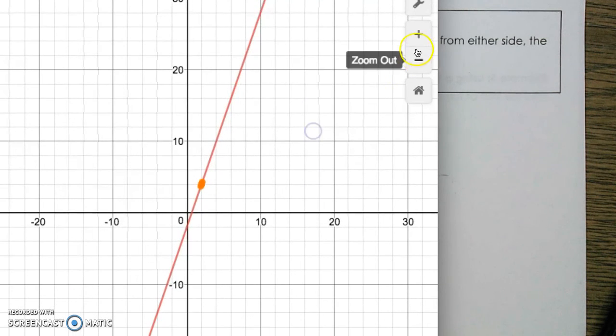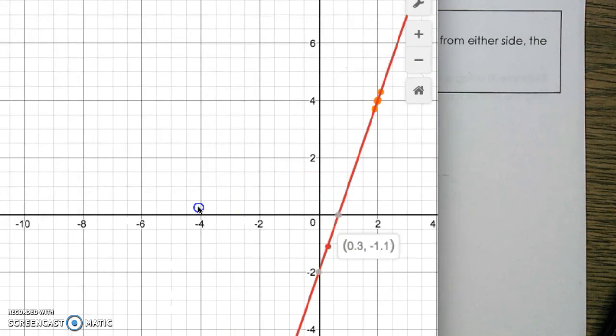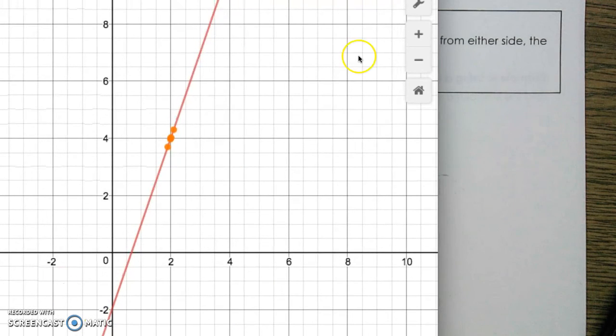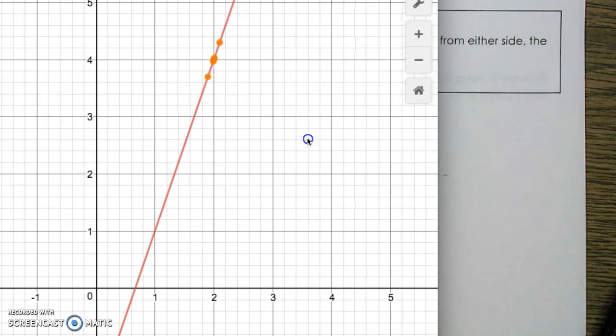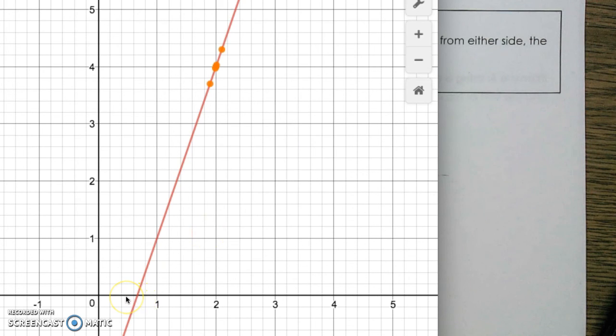So here I'm zoomed out from the last problem. So if I look at this graph, it says as we get close to 2, what is happening to the function? So as we get close to 2, so I'm focused here in the graph, I want to know what the y values are doing on the line.